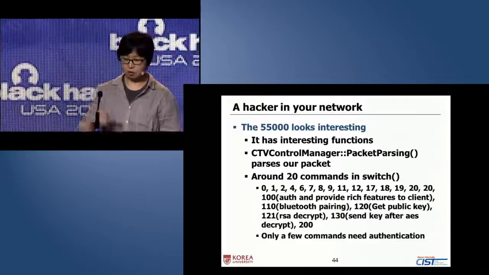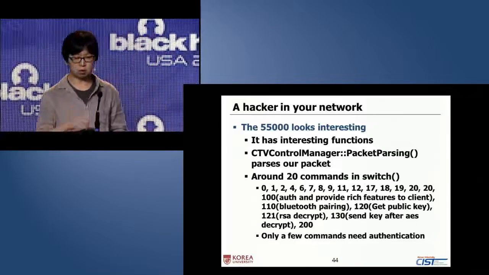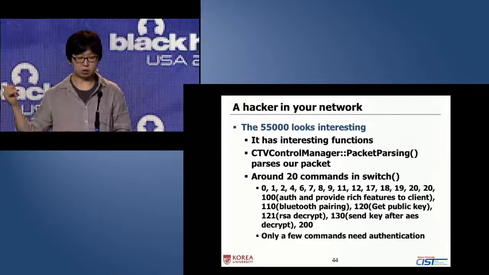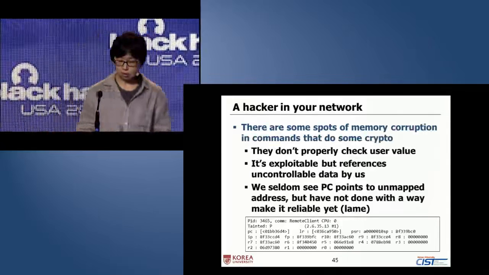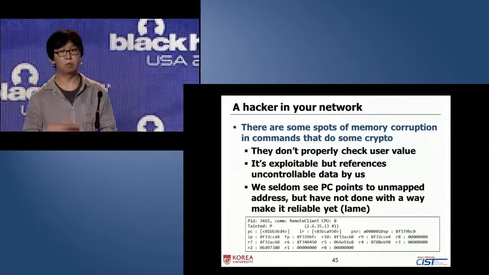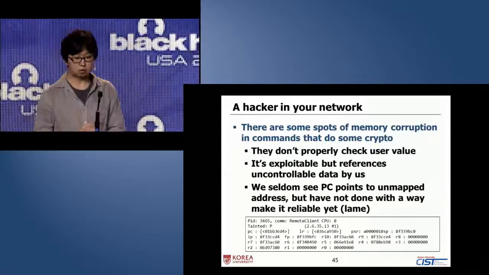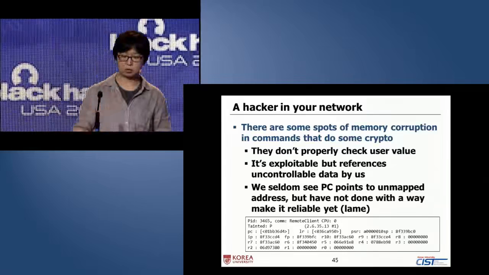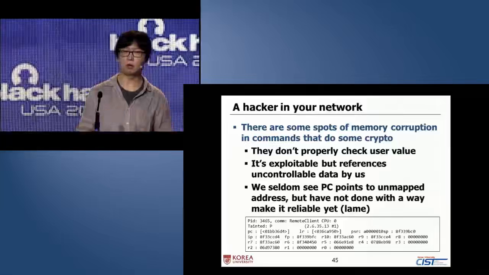So I took a look at 121, that RSA decryption. This is a bit weird, but they didn't use OpenSSL or things like that. They made some code themselves. So I found some memory corruptions while handling the data, I mean, while decrypting your package.